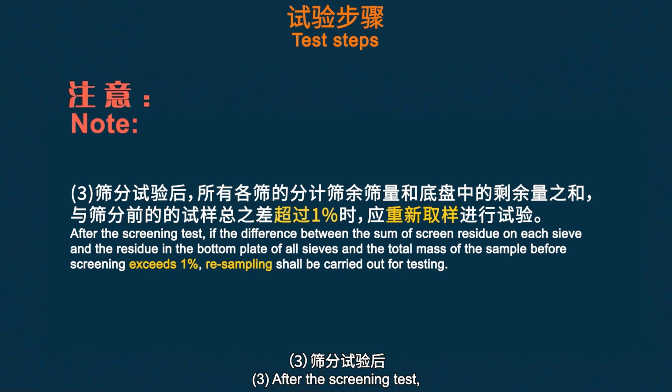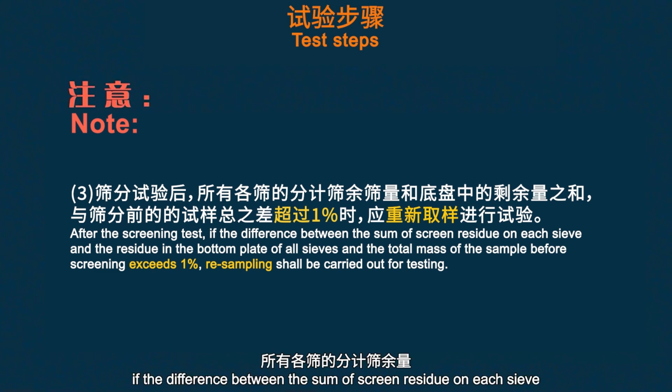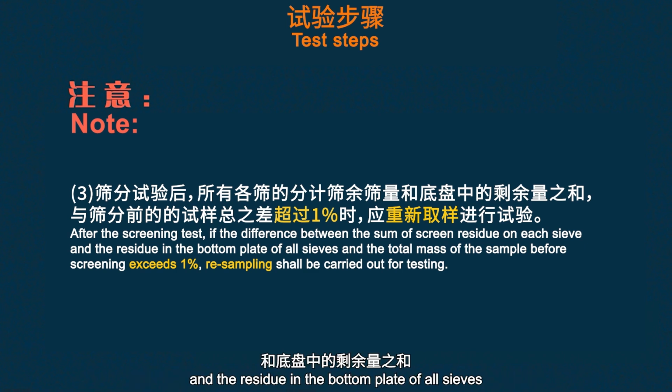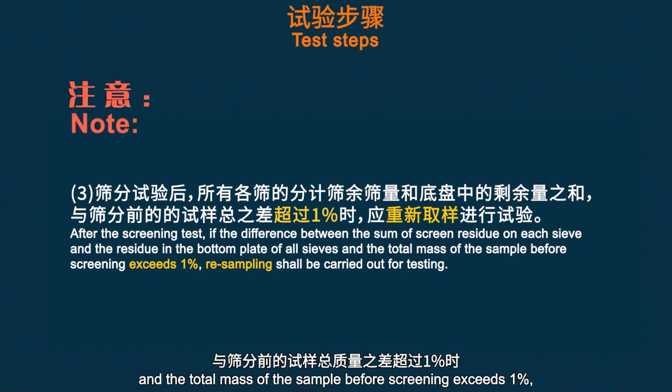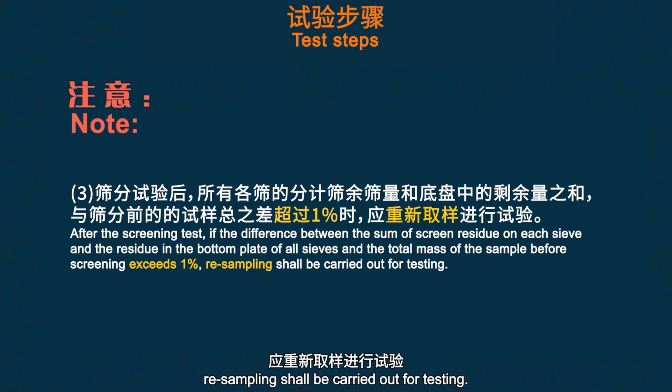After the screening test, if the difference between the sum of screen residue on each sieve and the residue in the bottom plate of all sieves and the total mass of the sample before screening exceeds 1%, resampling shall be carried out for testing.